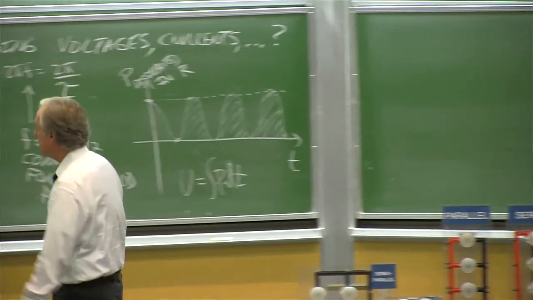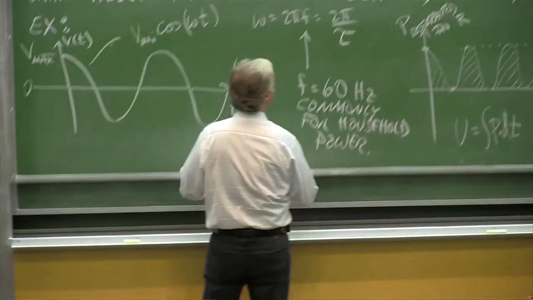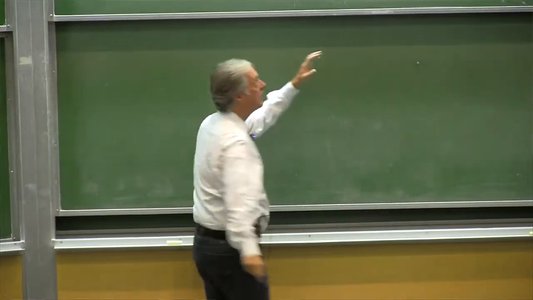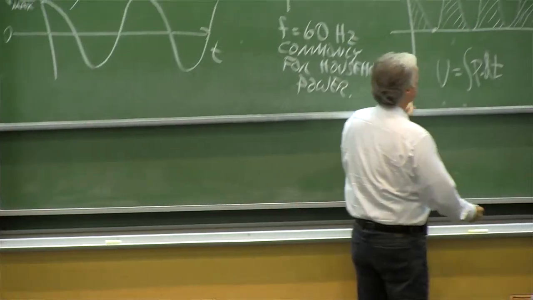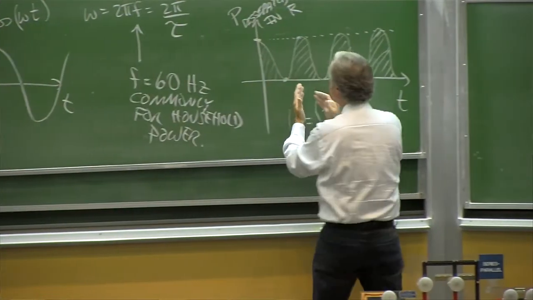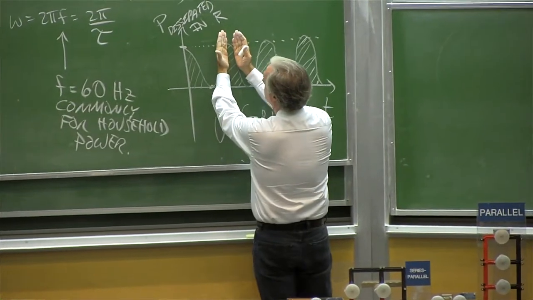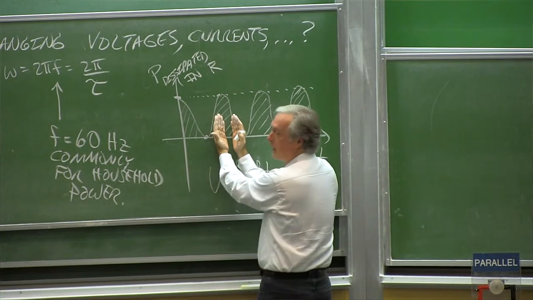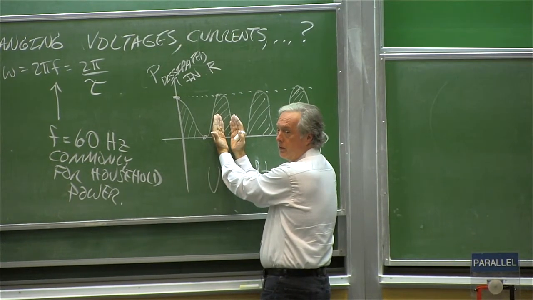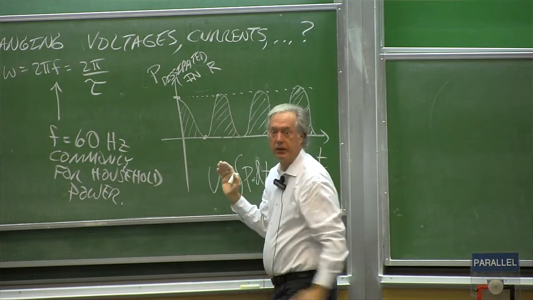So you can talk then about the power averaged. Let's just be careful about this. Suppose that I asked you, or you asked yourself, what's the energy delivered in the time period that's between my hands here? Now that has mostly hatched area, right?